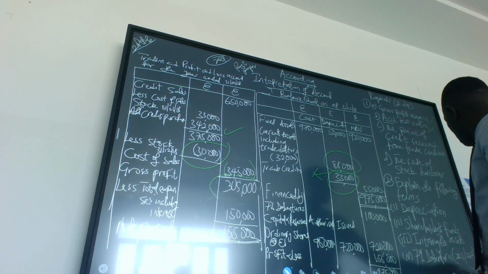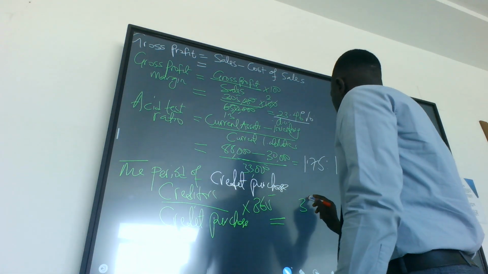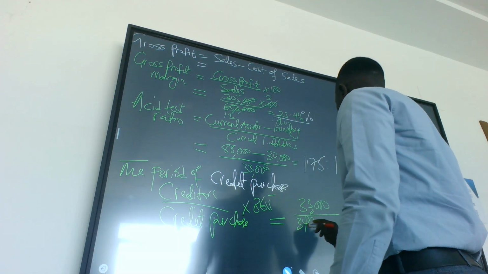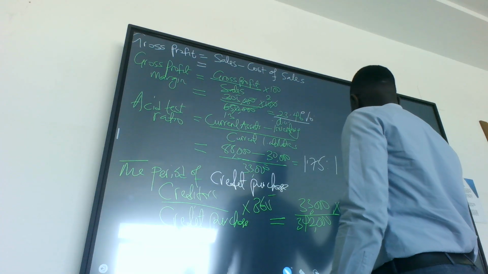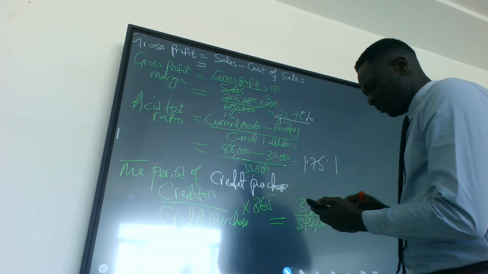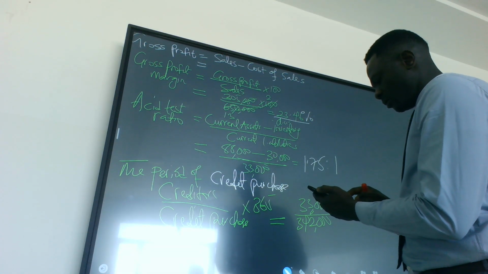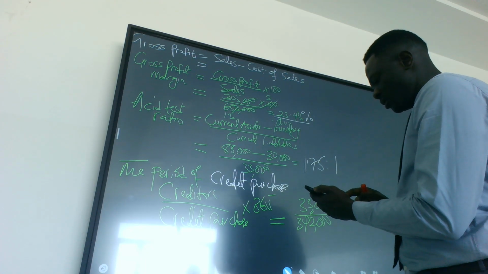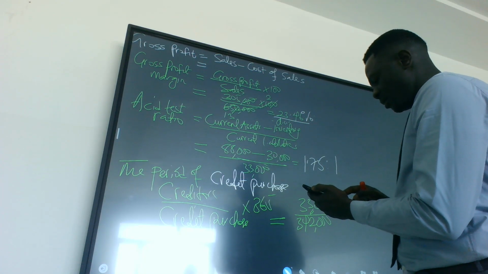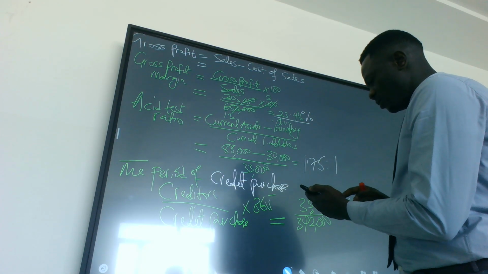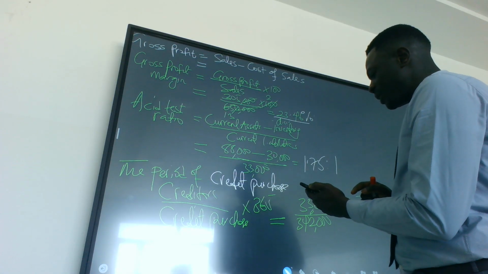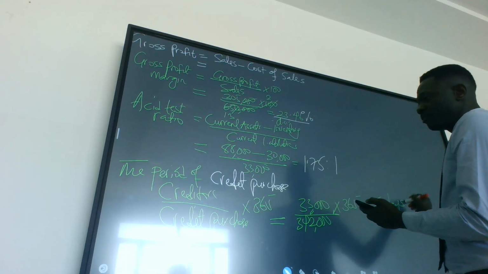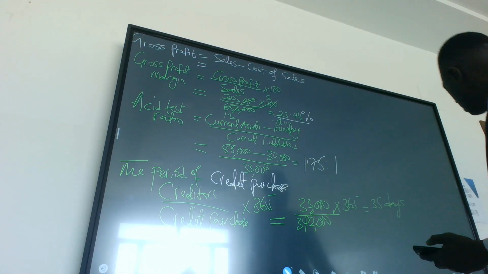So 33,000 divided by 342,000 multiplied by 365. So we have 35.2 days. So we have 35 days given by creditors. Then we have the next one.